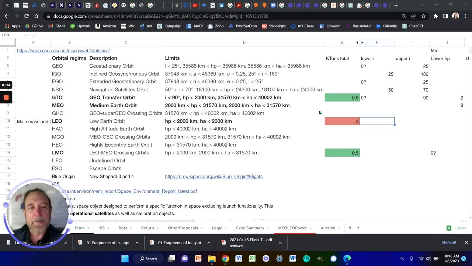Putting the assumptions here, you can see I'm focused on just these three orbits because those three account for the bulk of it. The statistics assumptions are shown here. So that's the first benefit of having this in a spreadsheet: you can show where these assumptions came from.